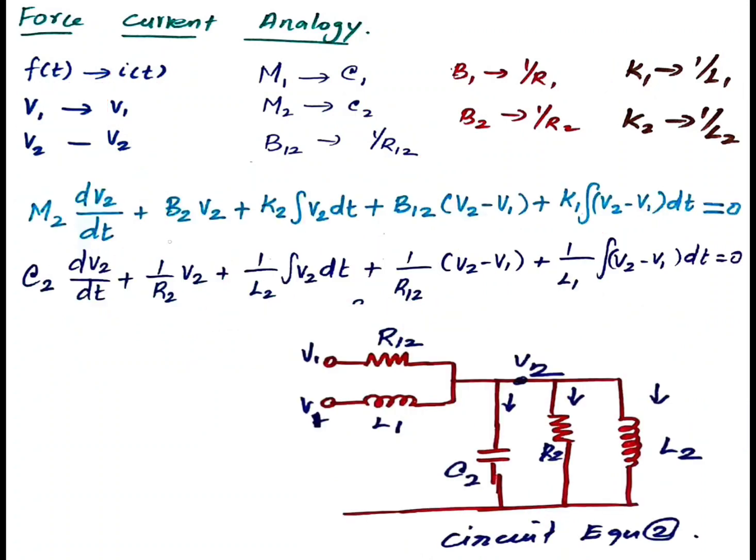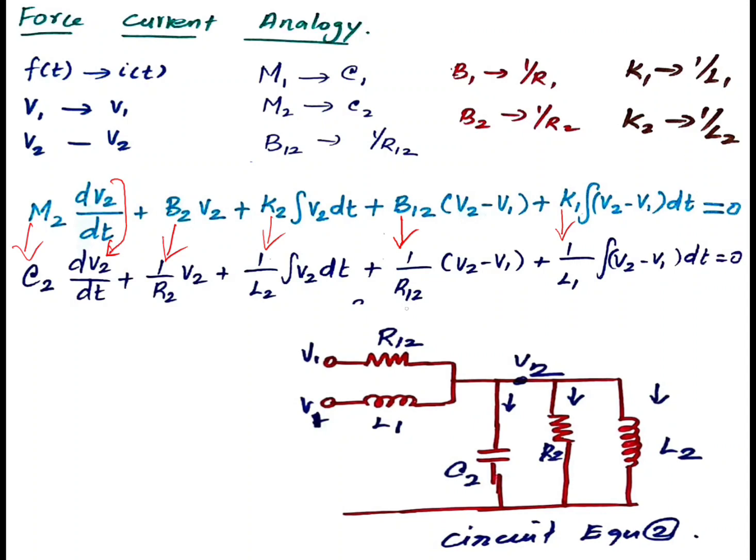For the second equation, we take the second one and replace all the terms as per the force current analogy: M2 becomes C2, dV2 by dt, velocity becomes voltage, B2 becomes conductance, L2 inductance, the reciprocal of inductance. B12 is reciprocal of resistor, K1 is reciprocal of inductance, and I am simply replacing velocity by voltage.